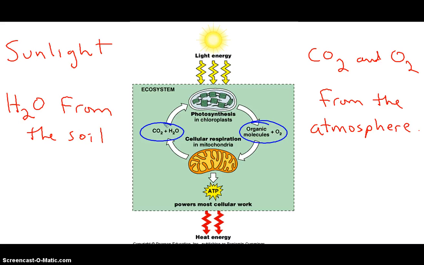So the two really are coupled reactions. And the big thing, we need sunlight, we need the input of energy for photosynthesis to take place. The water comes from the soil, but the carbon dioxide and the oxygen, they come from the atmosphere. So this is kind of the big picture, tying together what we learned in the last unit with what we're looking at in this unit.